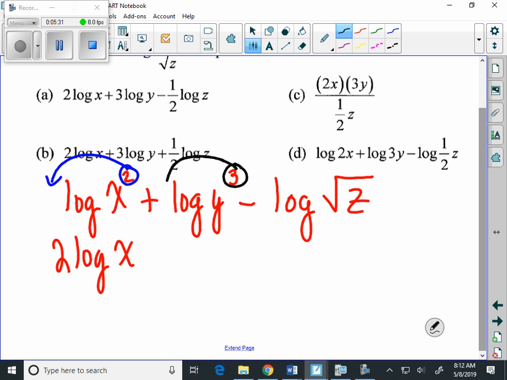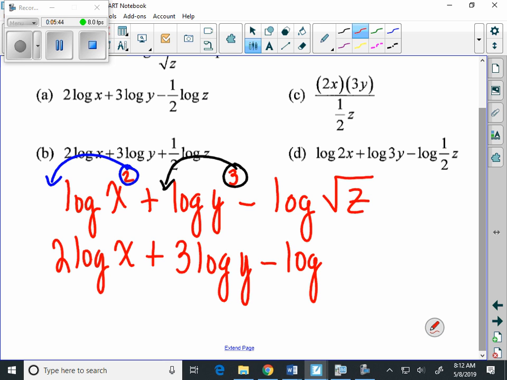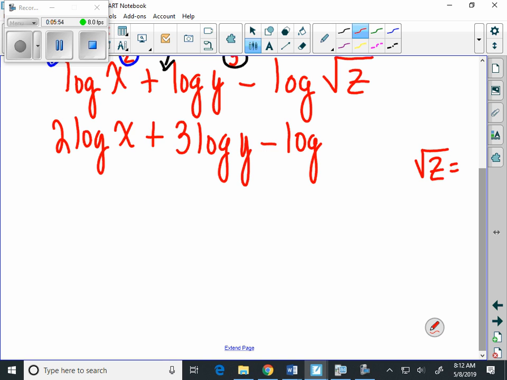We're going to take the 3 and write it out in front of it. So this is going to be 3 log y. And over here on our third value, we want to rewrite the square root of z in exponential form, which equals z to the 1/2.